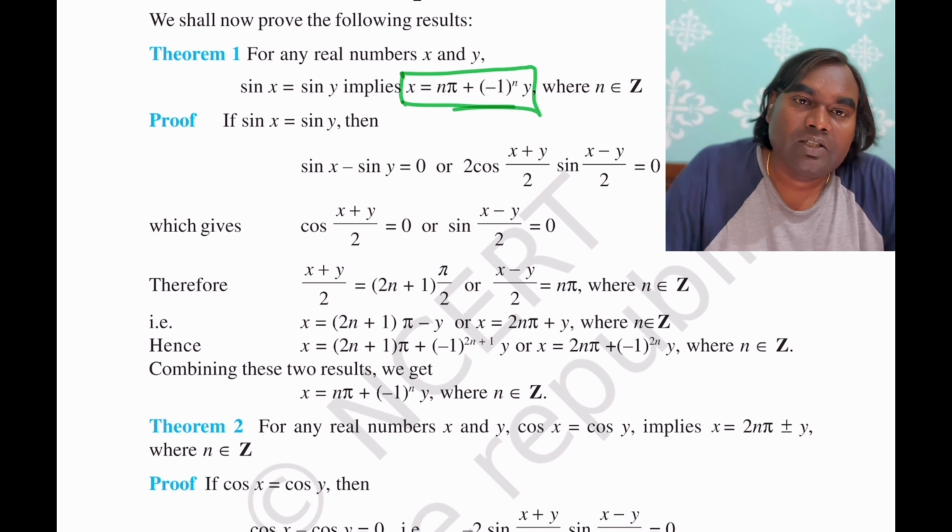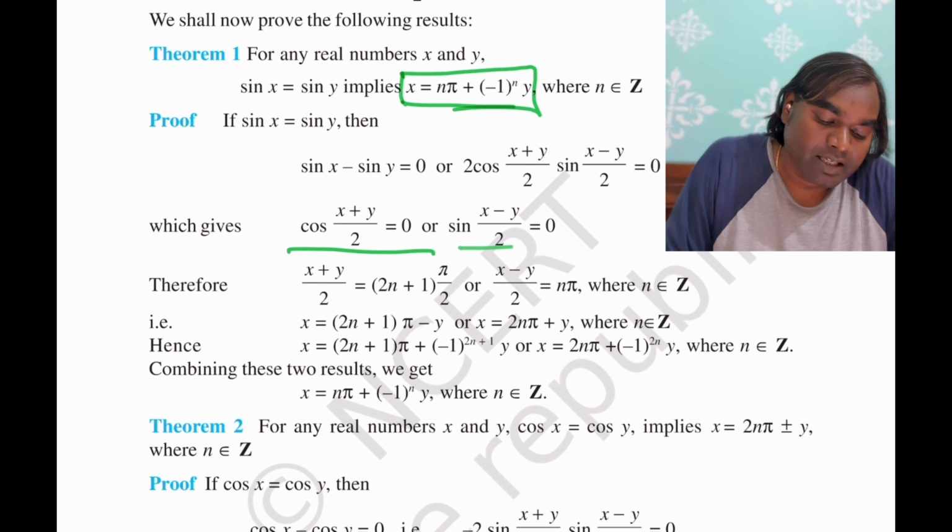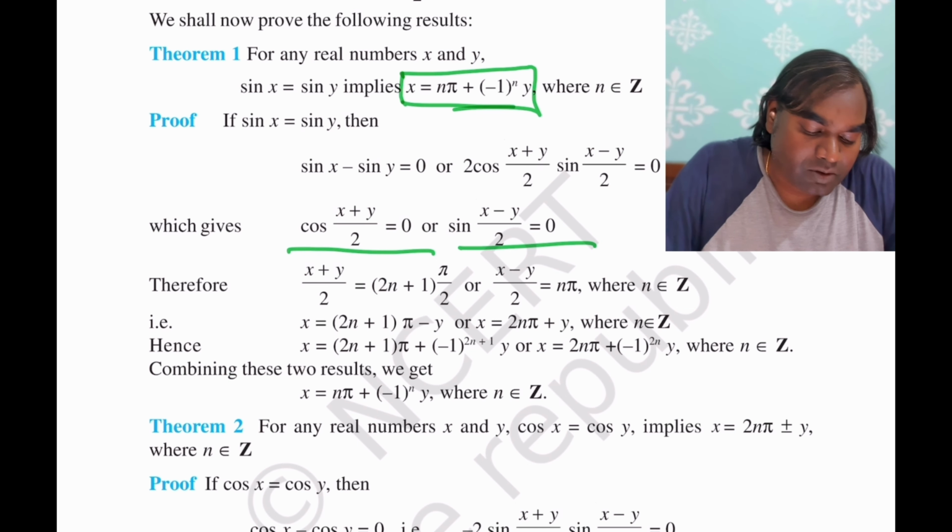If sin x is equal to sin y, then sin x minus sin y is equal to 0. Now by the relation, sin x minus sin y is equal to 2 cos((x plus y) by 2) into sin((x minus y) by 2), that is equal to 0. Therefore cos((x plus y) by 2) is equal to 0 or sin((x minus y) by 2) is equal to 0.